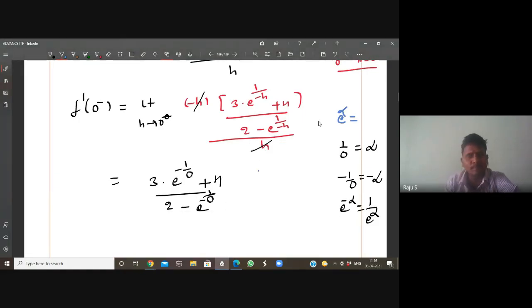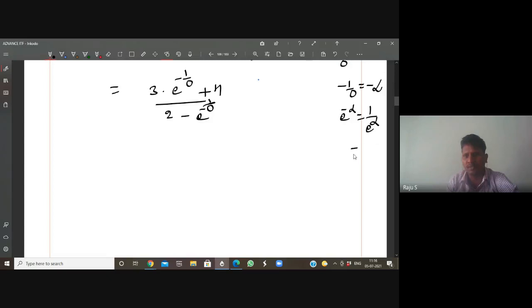What is e power infinity? It is infinity, because e value is 2.71, and when a value greater than 1 is raised to the power of infinity, it is always infinity. So 1 by e power infinity is 1 by infinity, and 1 by infinity is 0.